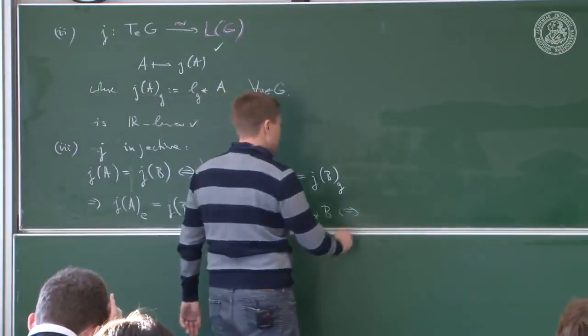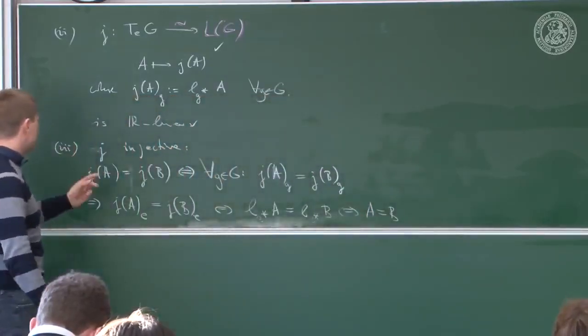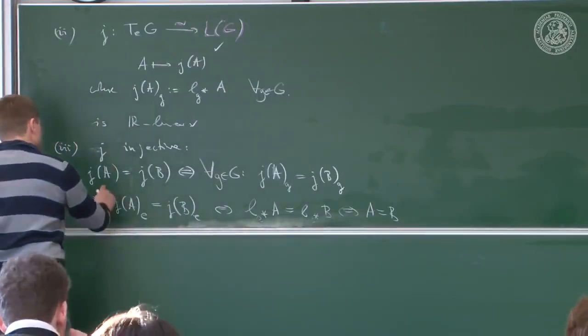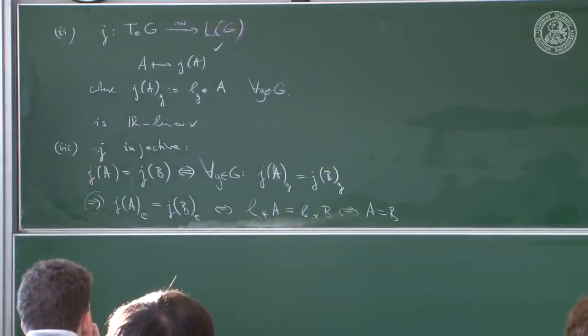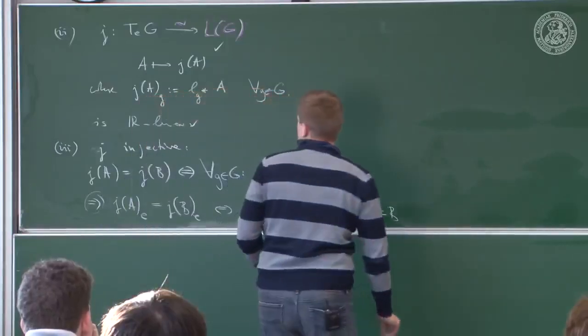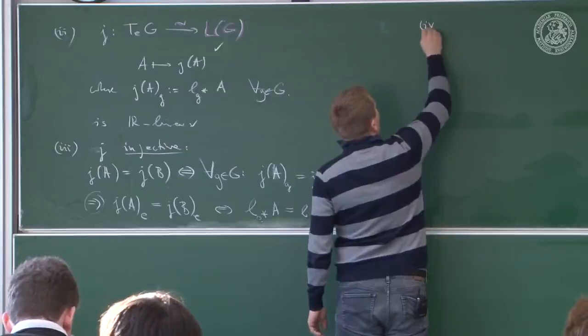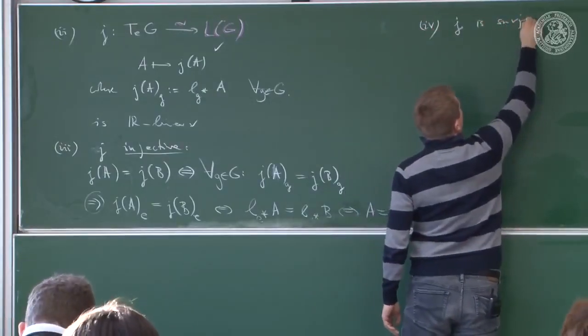Of course the identity, so this means A equals B. So J of A equals J of B implies, and it only implies, because there's only an implication arrow, that A equals B. But that's precisely what you want to show if it's supposed to be injective. So J is injective. And 4, we've got to show that J is surjective.